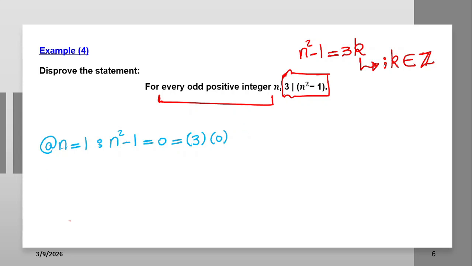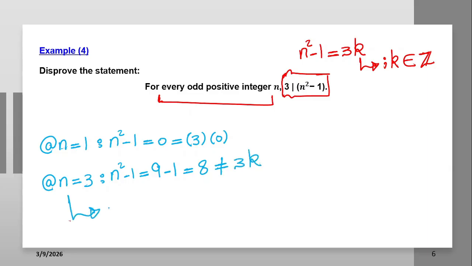We are looking for a counterexample that's disproving this statement. What about n equals 3? At n equals 3, we get n squared minus 1 will be 9 minus 1, which is 8. So this 8 can't be represented as 3 times k. Okay, so this means that n equals 3 is a counterexample for this statement.